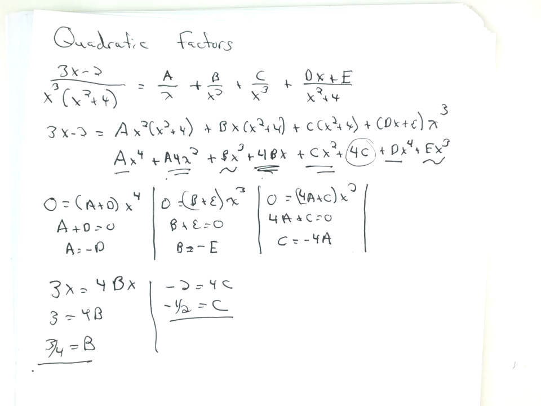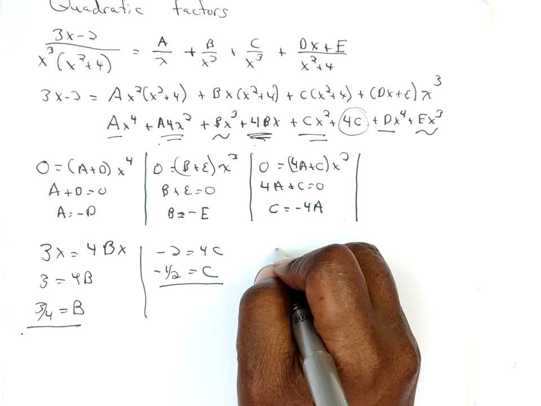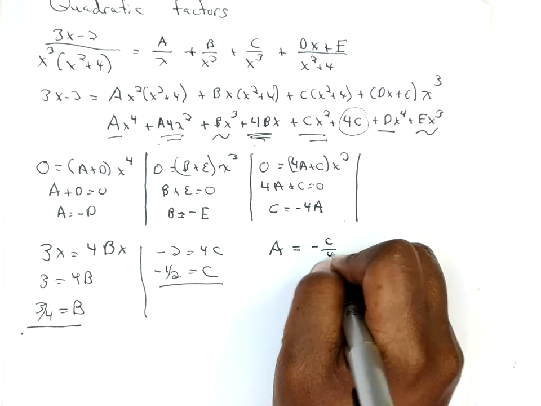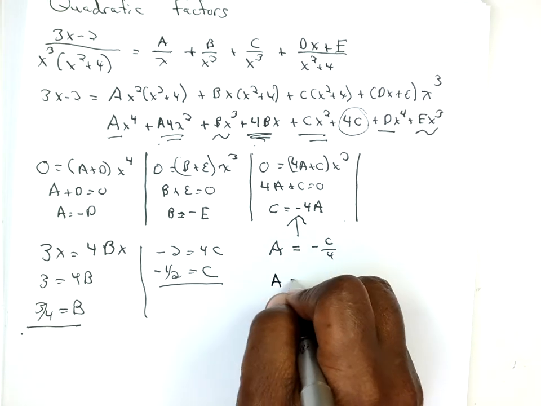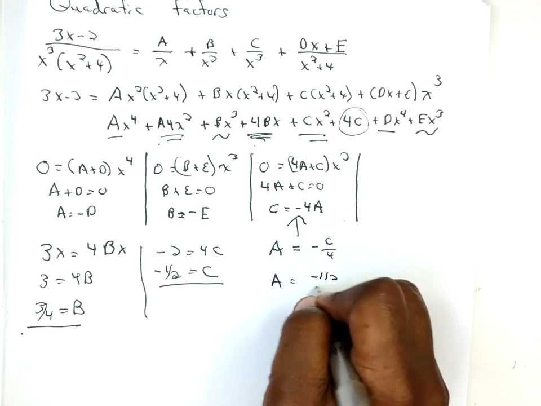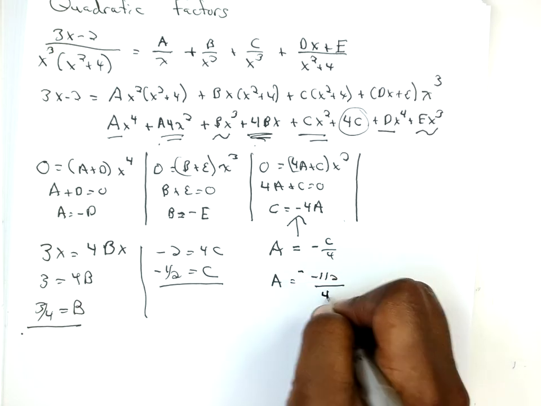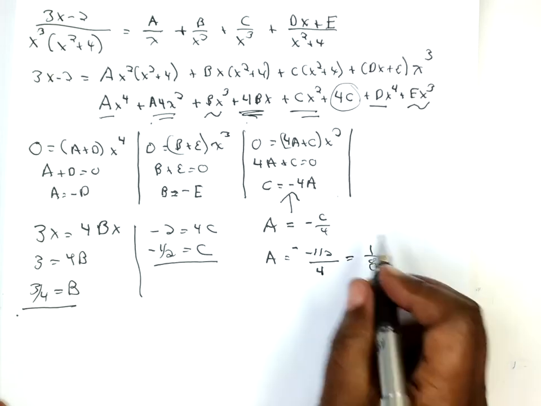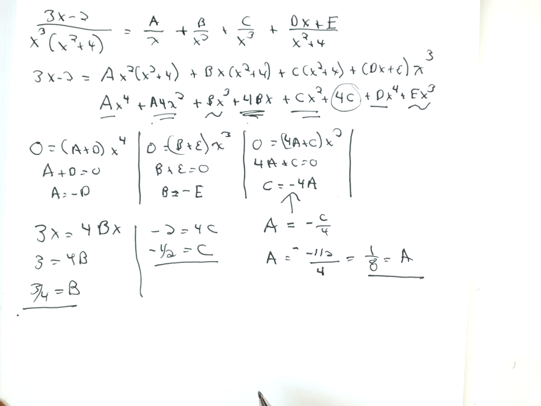So now that I have these, I can build out the rest. A is going to equal negative c over 4 from this. So A is equal to the negative of negative 1/2 divided by 4, which is just 1/8. So I have A, B, and C now.